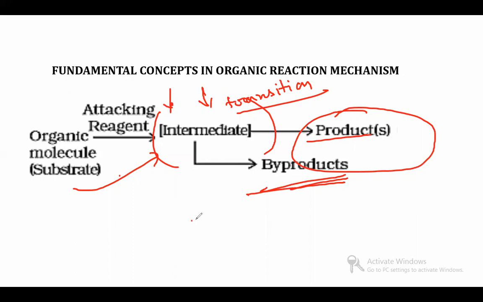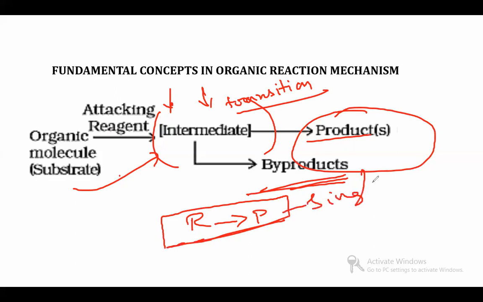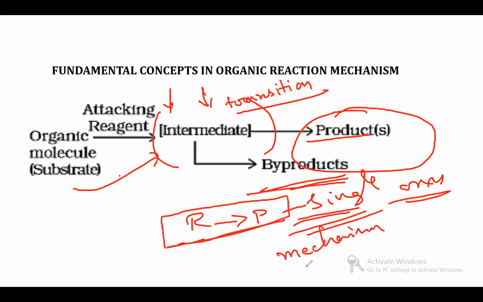If we write an organic reaction in a single step, we call it an organic reaction. If we write it stepwise, that is called a mechanism. So a mechanism represents the stepwise explanation from reactant to product.